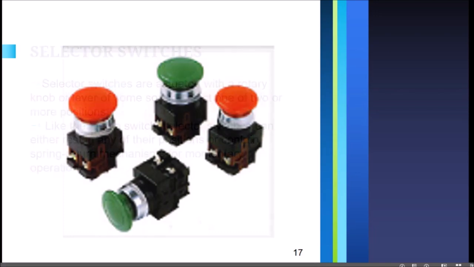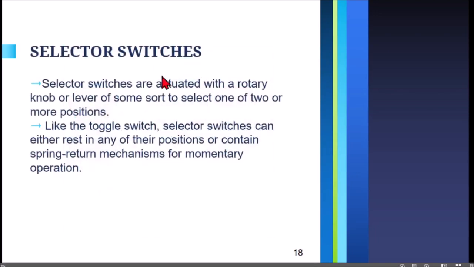Then we have selector switches. These are actuated with a rotary knob or a lever of some sort to select one of two or more positions. Like the toggle switch, selector switches can either rest in any of their positions or contain a spring return mechanism for momentary operation.